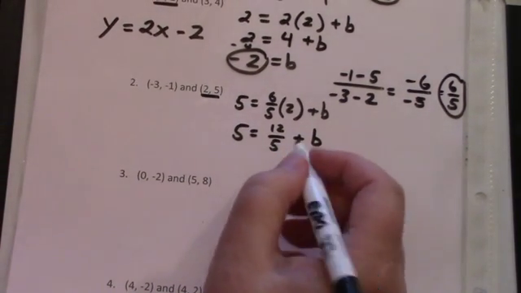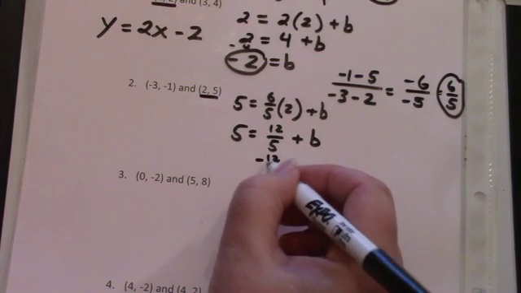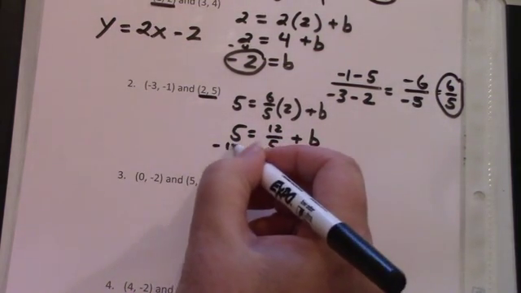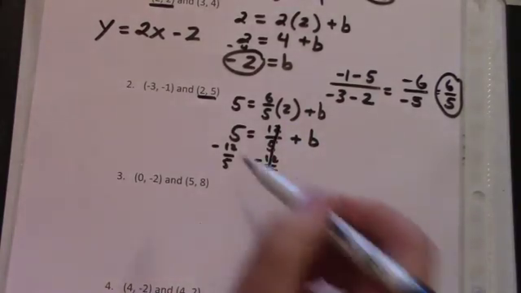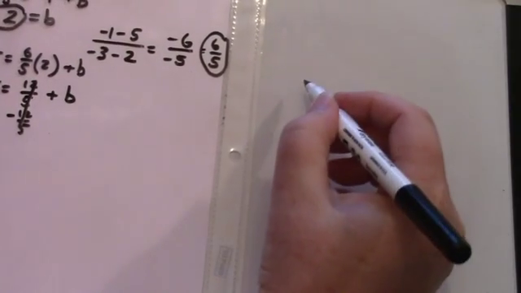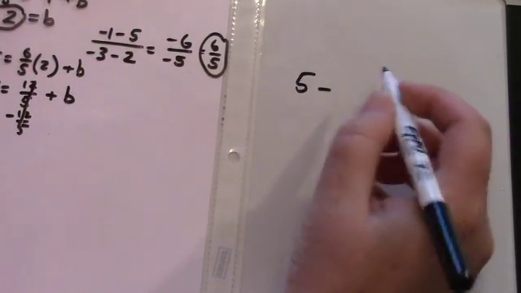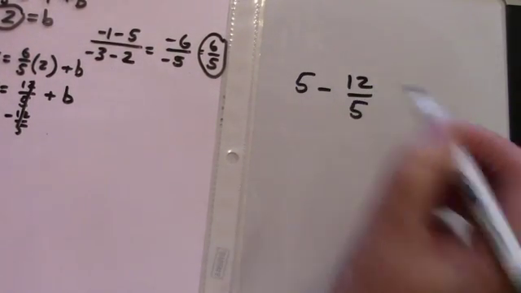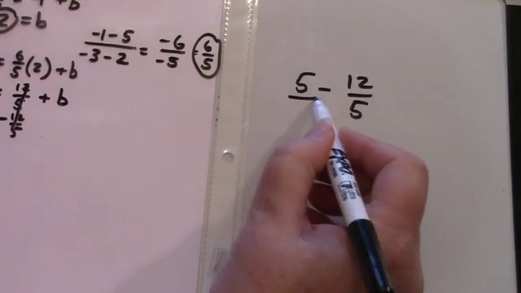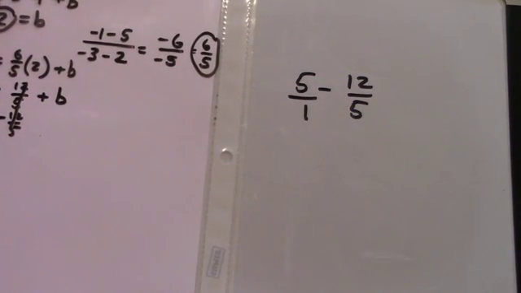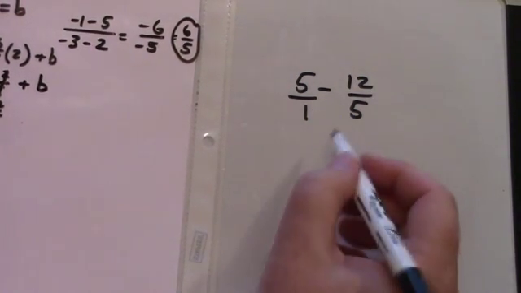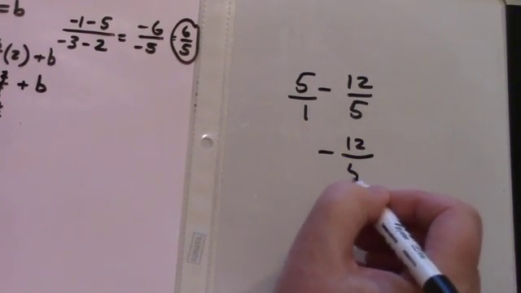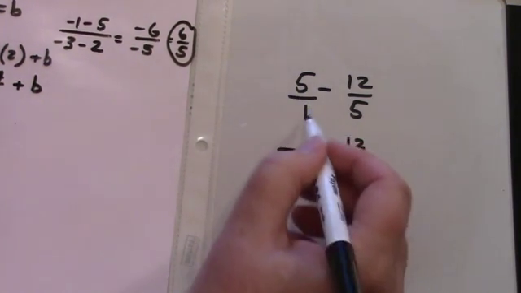Okay, what do we need to do? We need to subtract 12/5 from both sides. Well, how are we going to do that? This eliminates, but let's do 5 minus 12/5. Let's have some extra room here. We have to make them both fractions. We have to have a common denominator. Our common denominator is going to be 5. What is this going to change to?